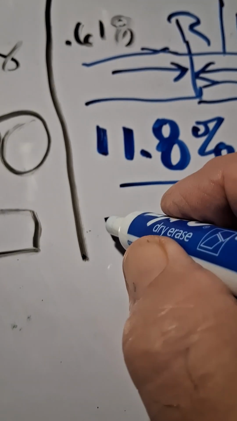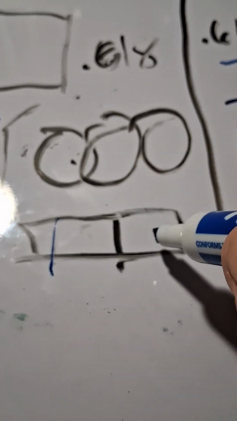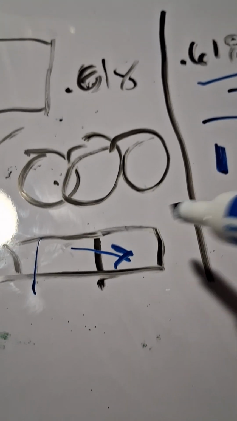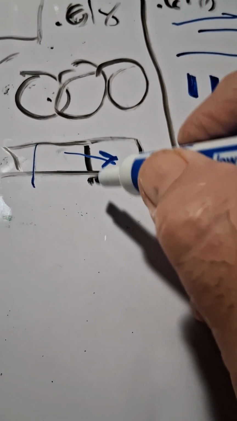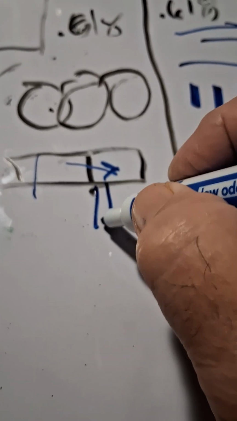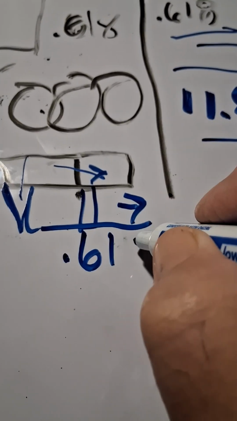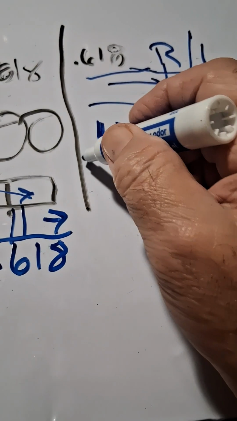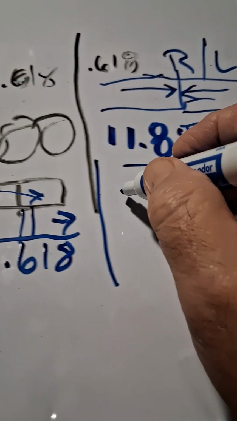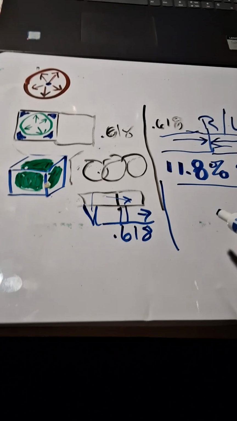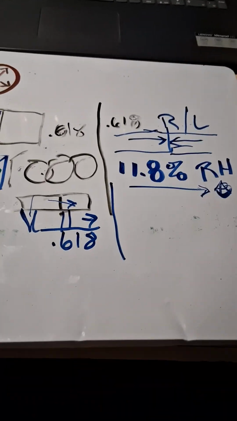So if I have two equal areas, one pushing against the other, and I take that number 11.8 and add it to 50% on one side, push, I get 0.618. The difference between right hand and left hand, and it matches the area of space we're in, down to all animals in existence, all right-handed.